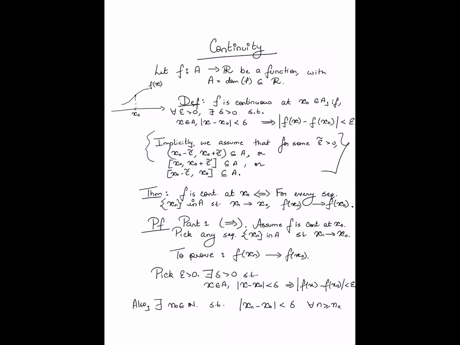Because xn converges to x naught, for whatever delta I got from the previous definition, there is also a certain n naught beyond which the entries of the sequence are indeed within a delta distance of x naught.